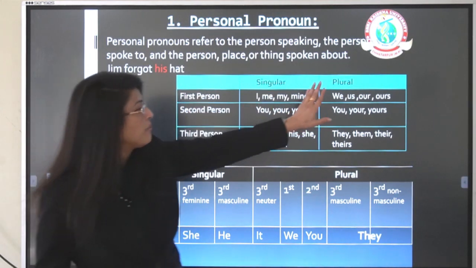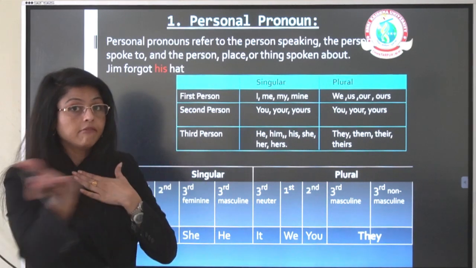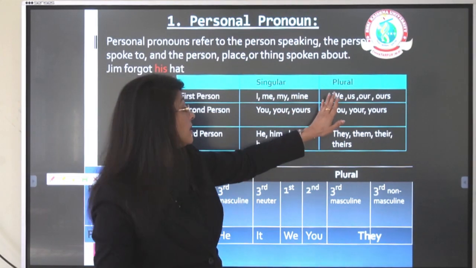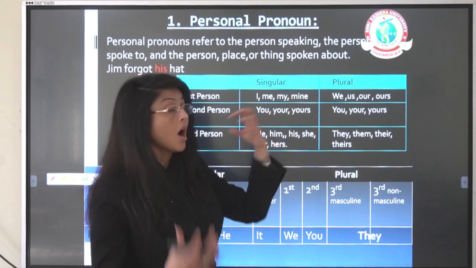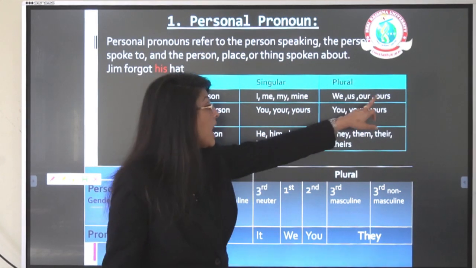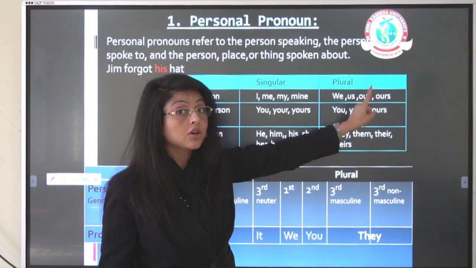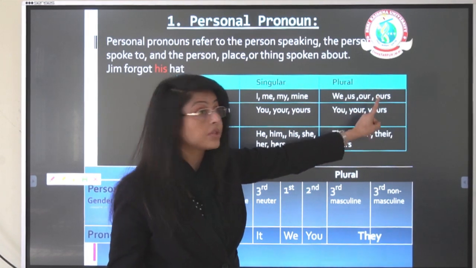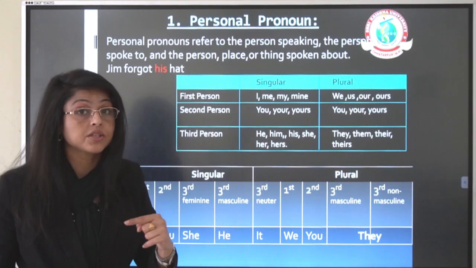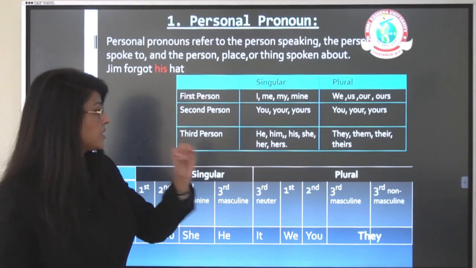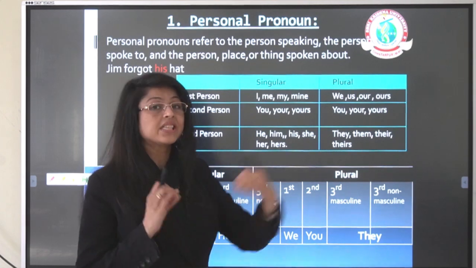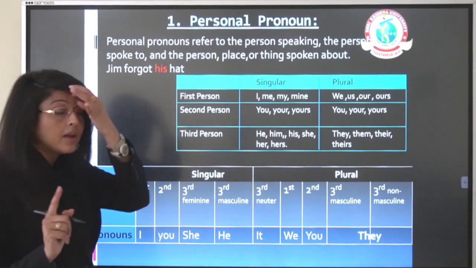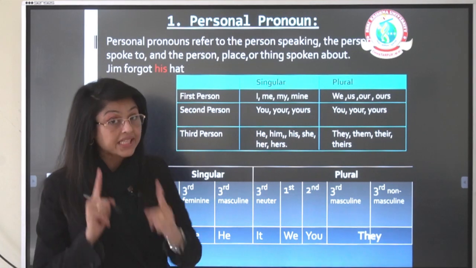See, singular and plural. I, we, right? Me, us. Mine, ours or our. Ours is not a contraction with an apostrophe, right? We don't use an apostrophe. Wherever the apostrophe is used, it is used in the way of it is. For example, one example of contraction. This is the best example, and most of the people make mistakes here.